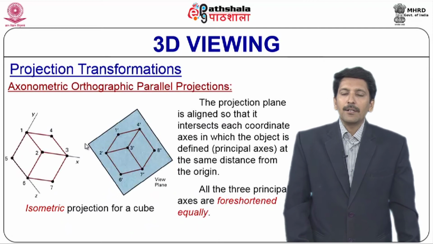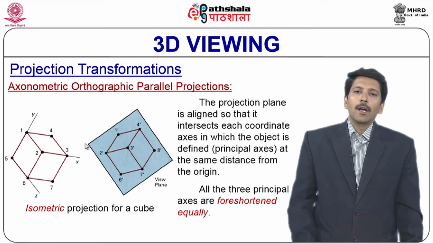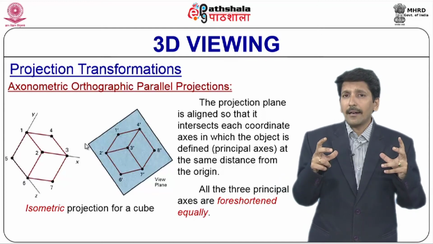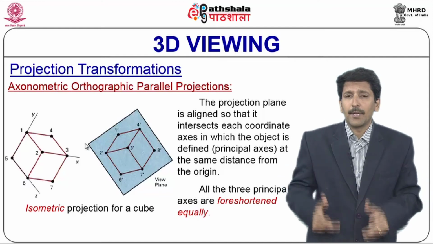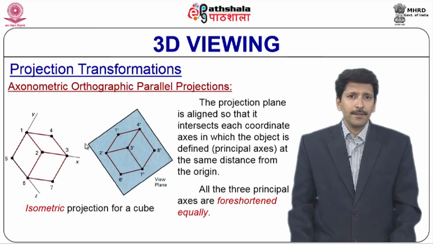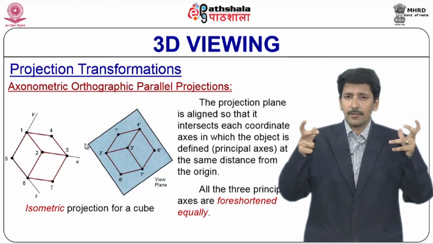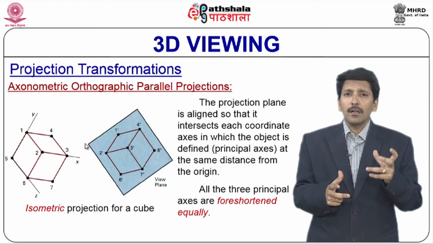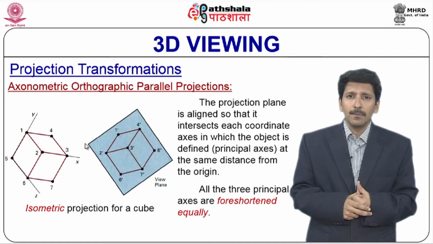Now, axonometric orthographic parallel projections are where you identify a position in such a way that you get to see more than one side of the object at the same time. Let me repeat this. You identify a position and orientation such that you get to see more than one face of an object. For our understanding, we can consider a cube.